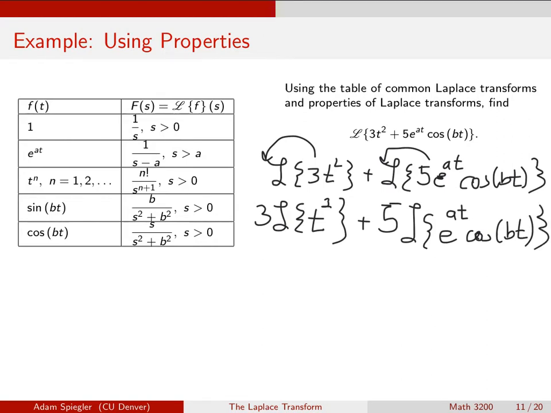Okay, and then we can use our table to evaluate each of the Laplace transforms that are left.